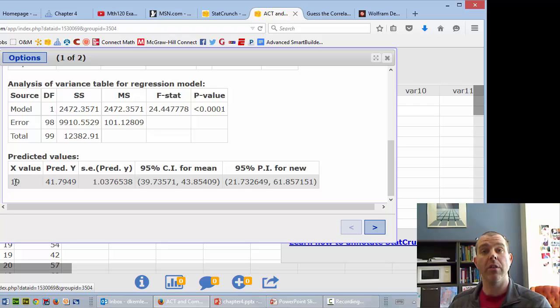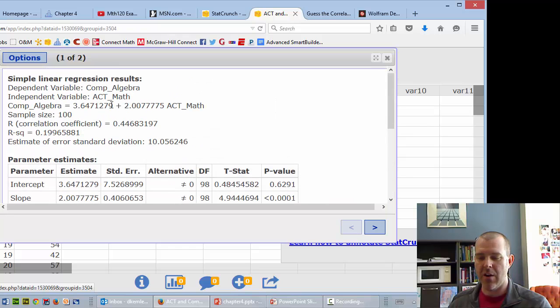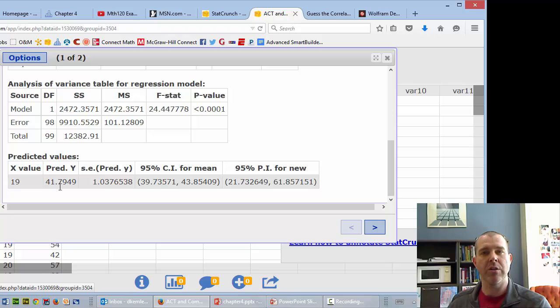The x value, the ACT, was our x, and it predicted 41.8, so a Compass score of almost 42. That would just be putting 19 in here: 2 times 19 is 38, plus 4 is about 42, so that's where that about 42 came from. Just plugging that into the line, and you can do it yourself, or you can have StatCrunch do it for you.